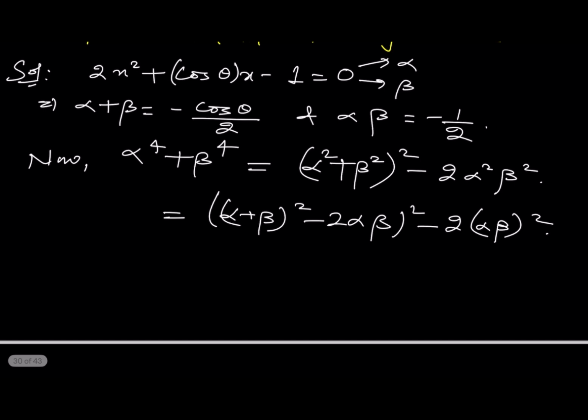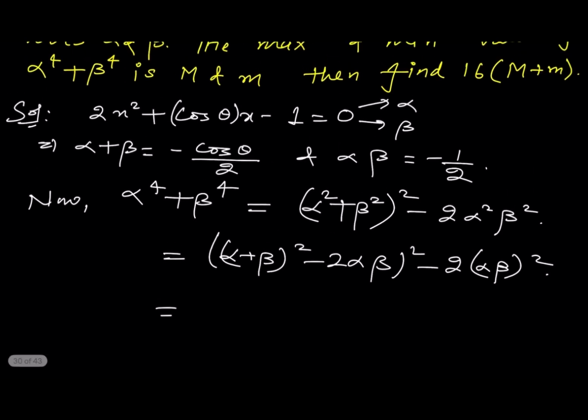Now I can put in α + β and αβ because I already have these values. α + β is −cosθ/2, squared, minus 2 times αβ, which is −1/2.